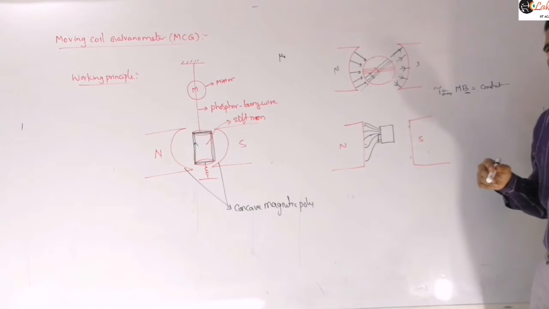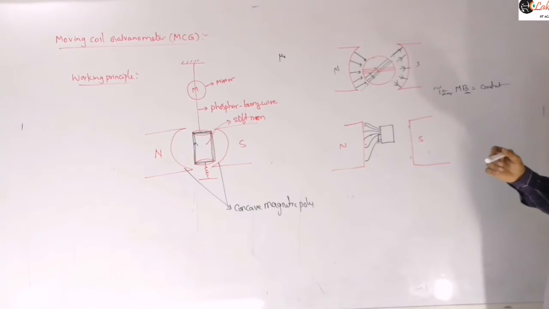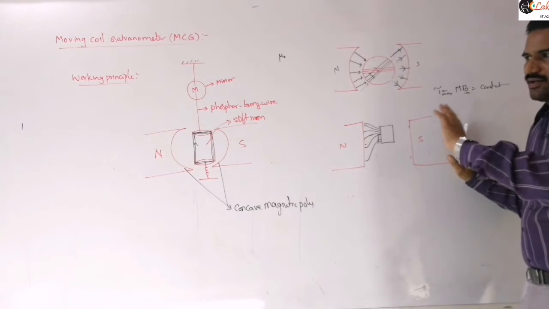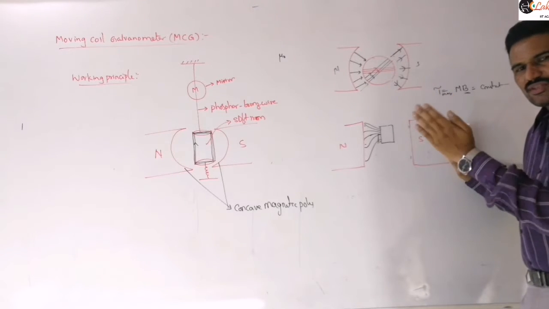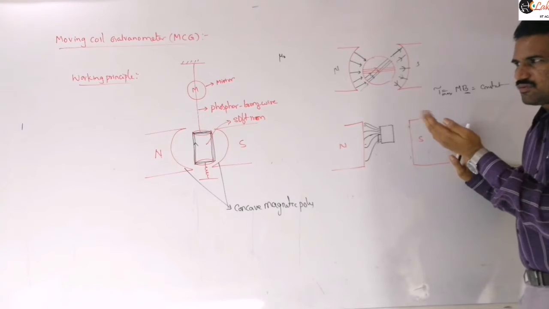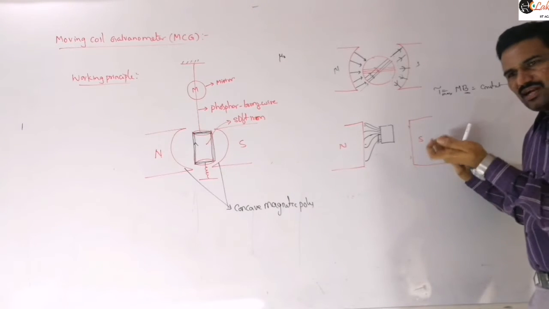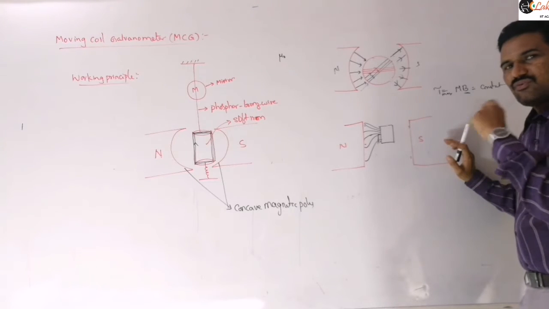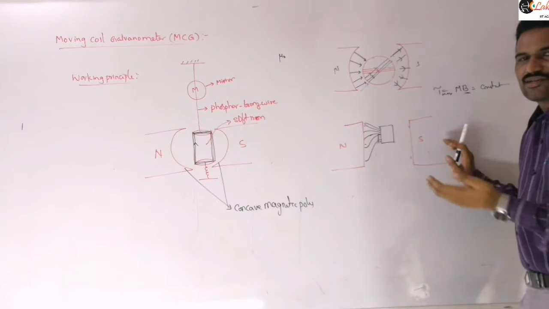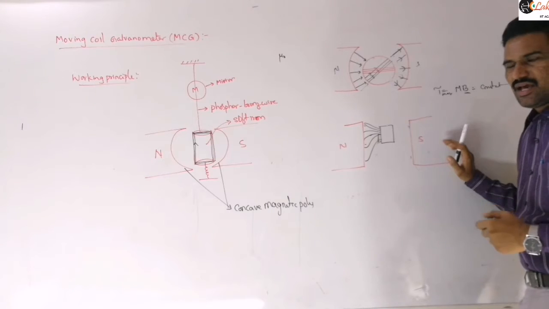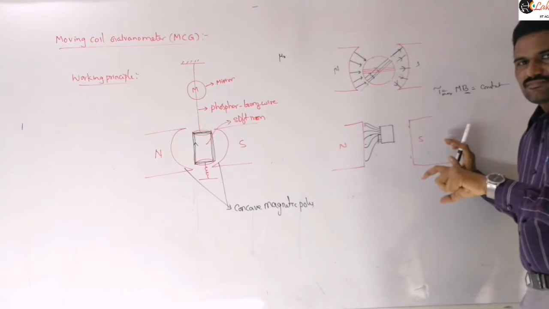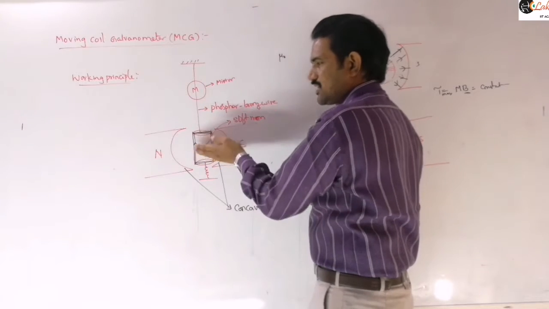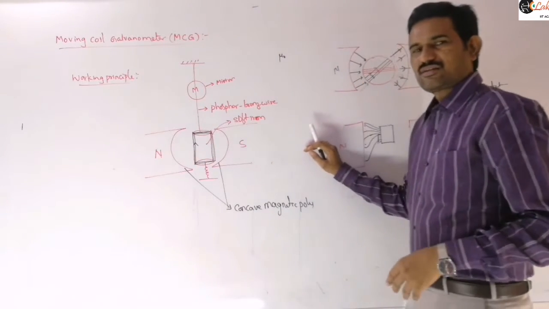Next, that is the phosphor bronze wire. As I said, this phosphor bronze wire means it should rotate. When the coil is turning, the twist will be produced in that wire and it should come back. The rigidity modulus of the wire should be low, and it should not elongate. The length of the wire should not change, because if it changes, the position of the coil changes.